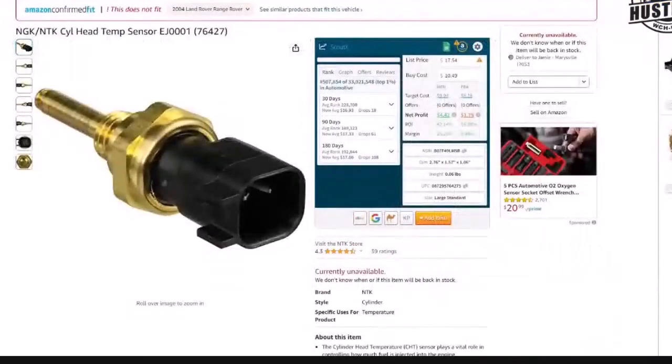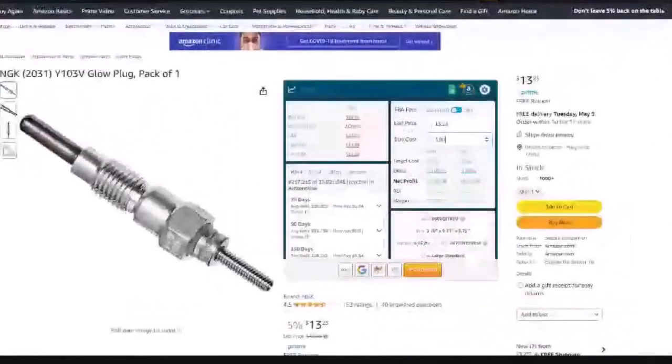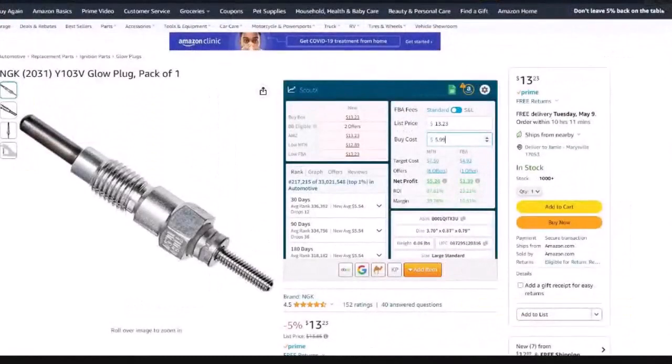So let's see if I can find it. I think this is something that I still need to overcome. If I'm not really familiar with a product or what it does, I'm a little bit tentative.